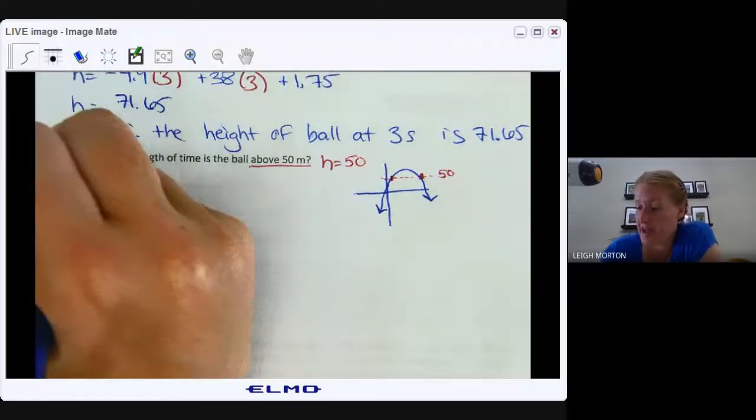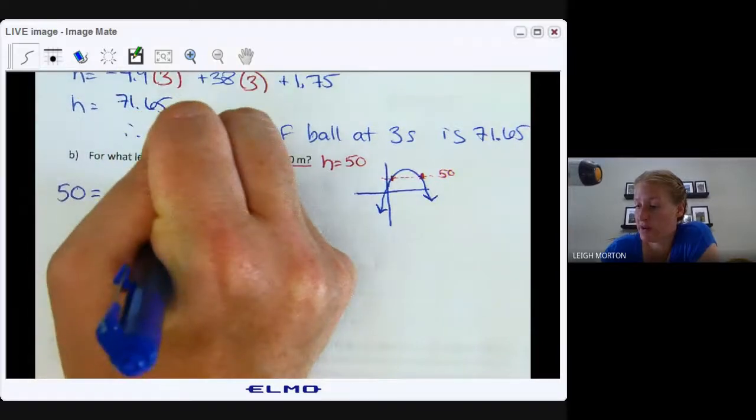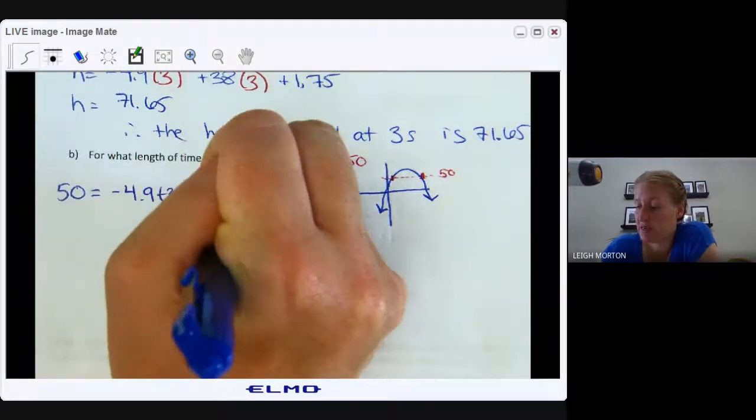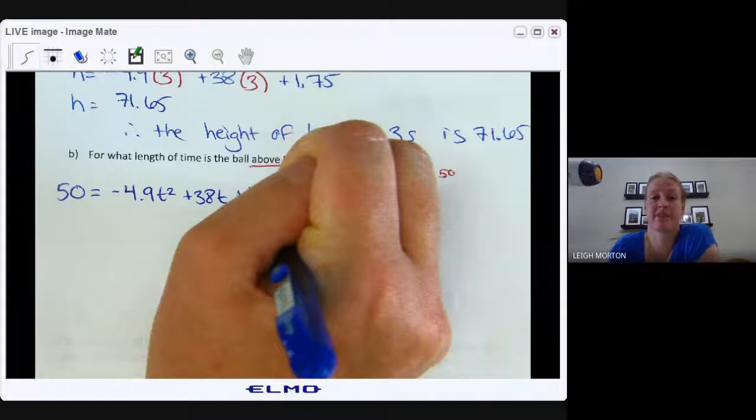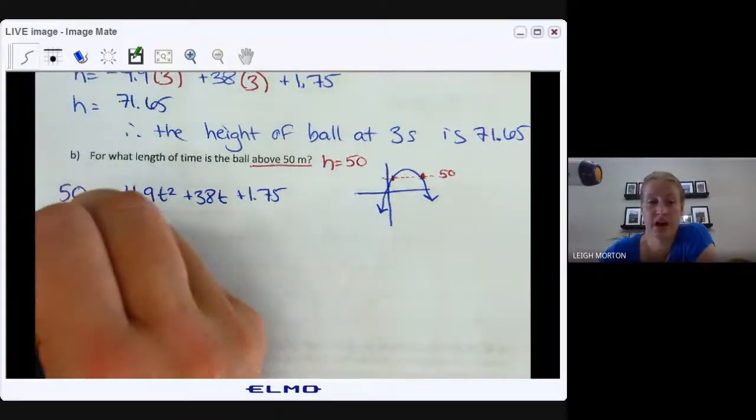So I would sub that in. I would have 50 equals negative 4.9t squared plus 38t plus 1.75. I need it to solve, so I need it to equal 0.